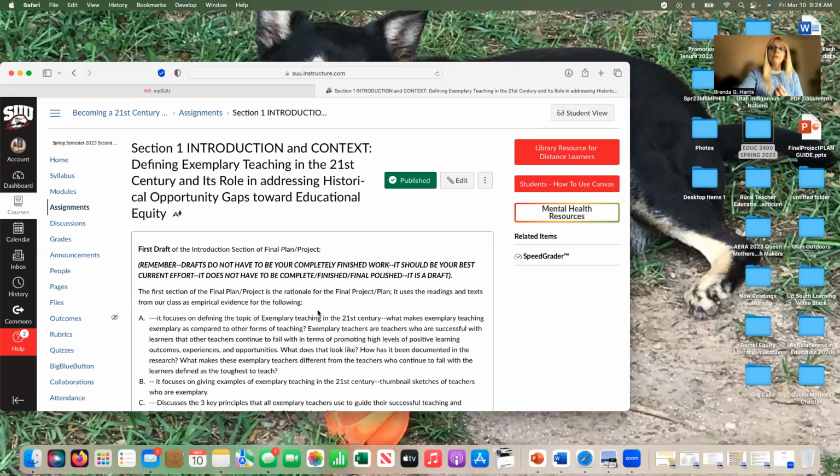Section 1 of our final project plan is going to be about exemplary teaching in the 21st century and how it plays a role in addressing the historical opportunity gaps toward realizing educational equity.